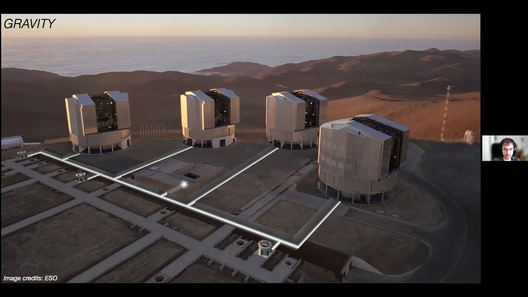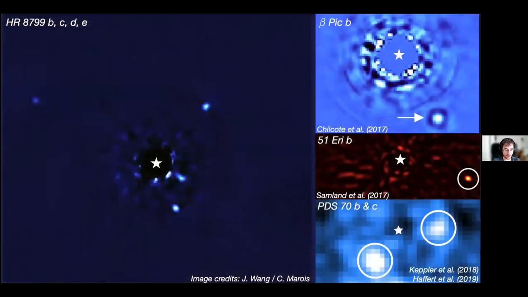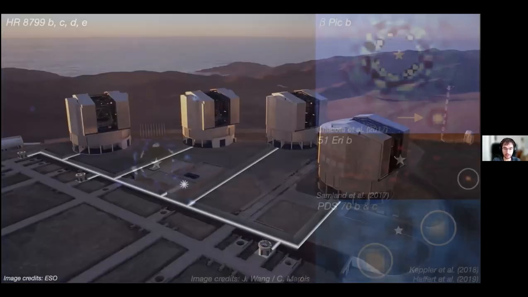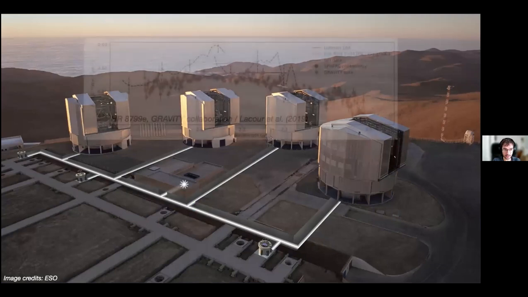And the directly imaged planets that you can observe with this instrument, I show some of the poster children here. This is, for example, HR 8799, the system of 4 planets, Beta Pic b, which is very famous, 51 Eridani, PDS 70. So if you look at these planets with GRAVITY, what does the data actually look like?